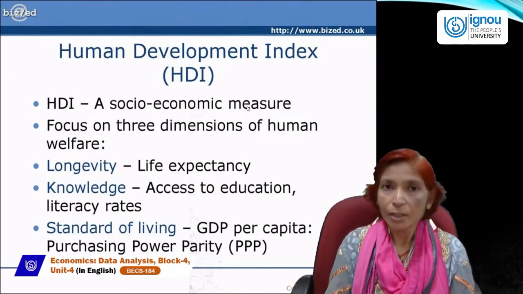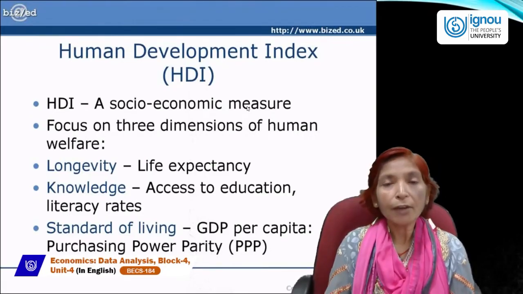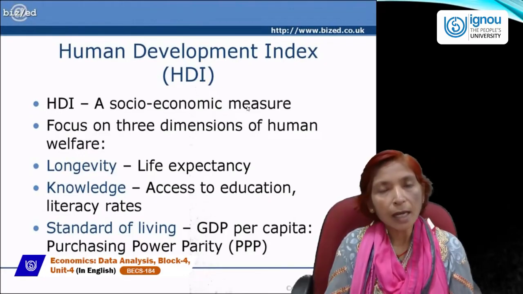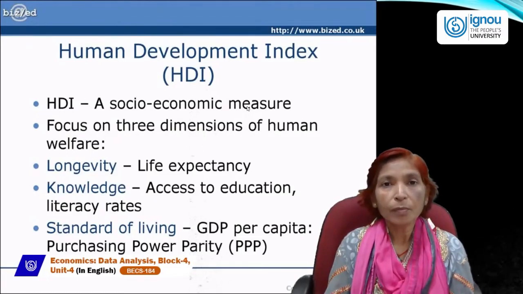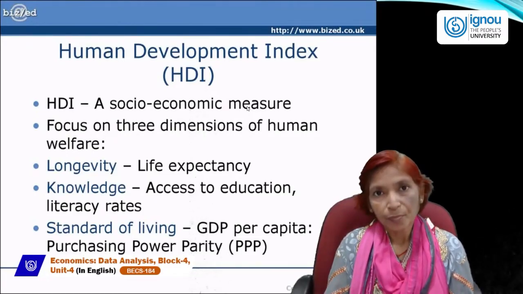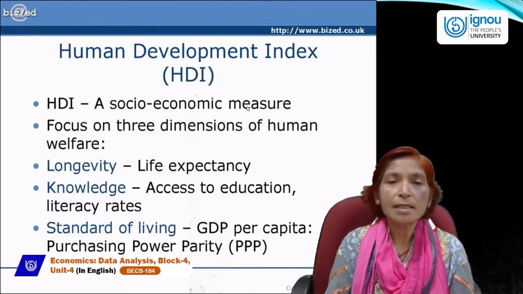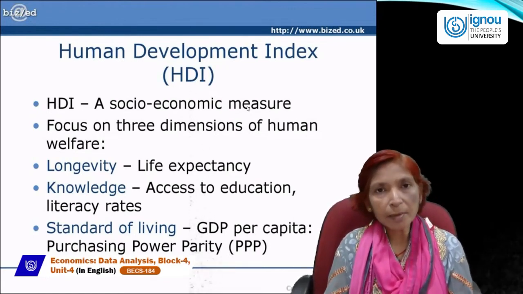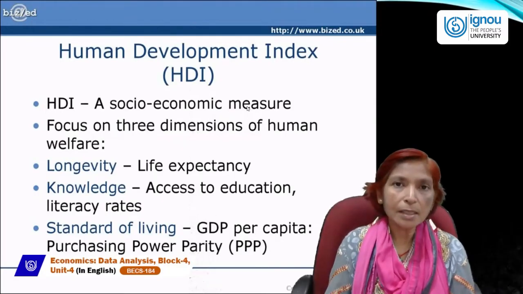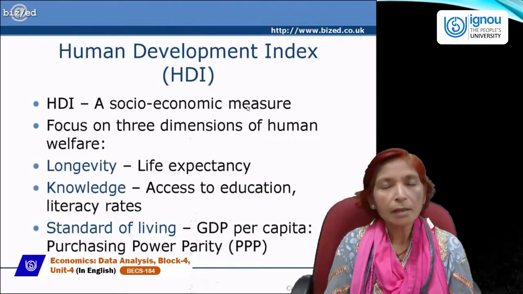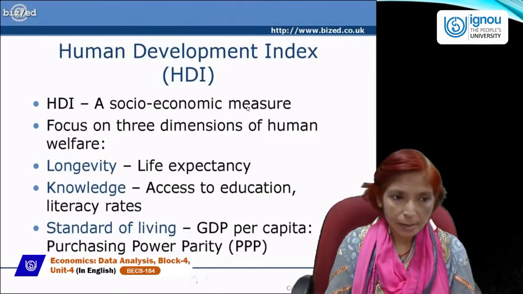So if the average age or life expectancy is higher, that country's human development index ranking will also be better. And if longevity or life expectancy is lower in underdeveloped or developing countries, it means their development is much poorer than developed nations.